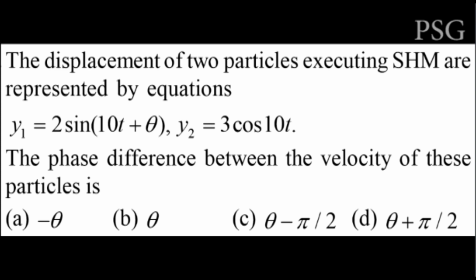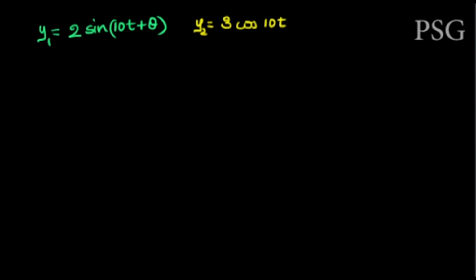So given two equations of motion for two particles, y1 equals 2 sine (10t plus theta), and y2 equals 3 cos 10t. Now they are asking what is the phase difference between the velocities of these two particles.